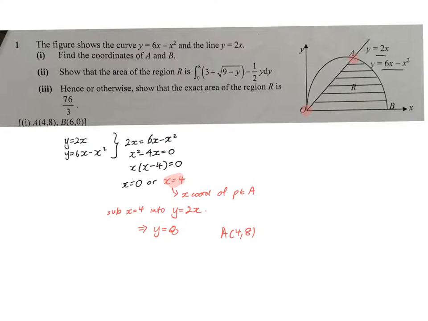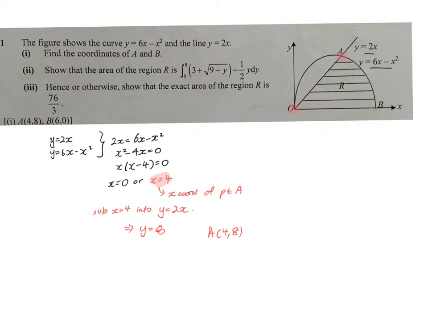Right, so next, how do we find point B? Point B basically lies on this curve here. On top of that, because it lies on the x-axis, the y coordinate of B should be equal to 0. So just take the curve y equals 6x minus x squared, and substitute y to be 0.